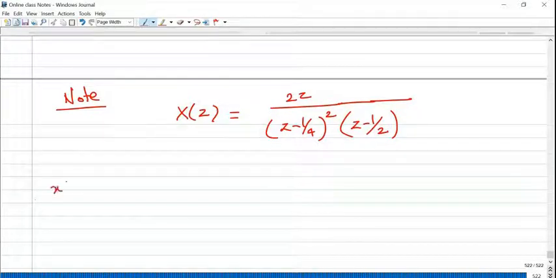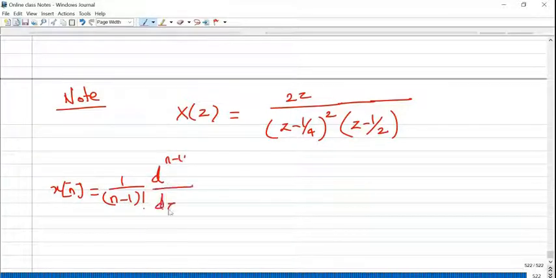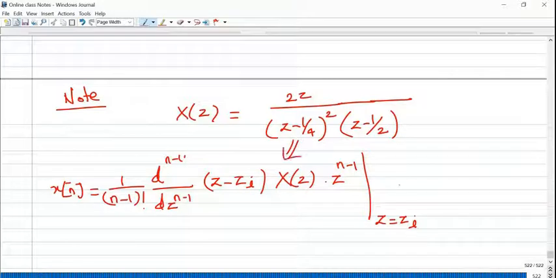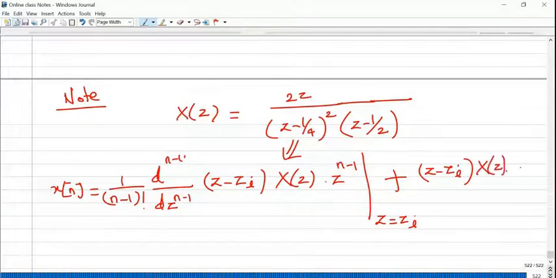So in this example, x of n equals 1 by (n minus 1) factorial, d power n minus 1 divided by dz power n minus 1, of (z minus zi) to the power n times X of z times z power n minus 1, at z equal to zi. For the simple pole, one only is available, so (n minus 1) factorial is 0 factorial, and there is no need to apply the differentiation. We solve it directly: (z minus zi) X of z z power n minus 1 at z equal to zi.